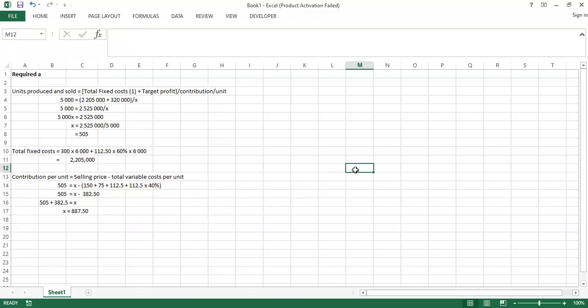In most cases, the most important thing that the markers are looking for here is your application of this formula. Identification, for starters, that you've identified the simple formula that's applicable in this scenario, and then your substitution. Your substitution may not really matter much because you're only dealing with 1 or half a mark thereabout. Sometimes you realize that you could have missed some fixed costs and what have you.